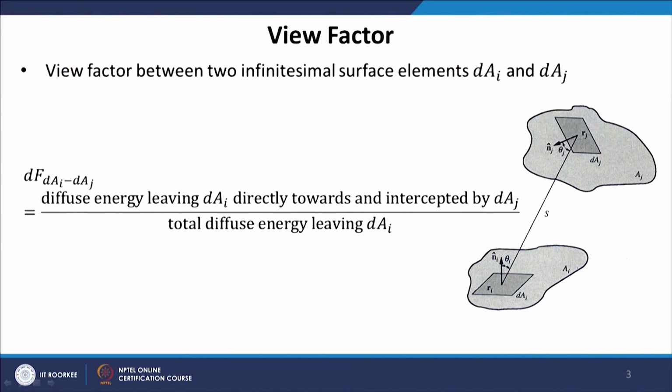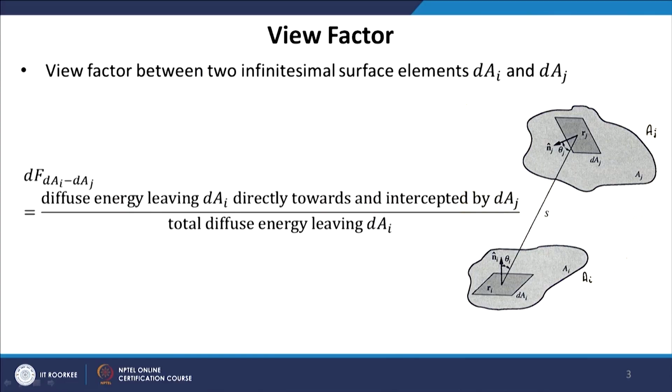So the definition of view factors goes like this: for two surfaces AI and AJ, let us consider infinitesimal areas dAI on surface AI and dAJ on surface AJ. The view factor between these two infinitesimal surfaces is defined as the diffuse energy leaving surface dAI directly towards and intercepted by surface dAJ, divided by the total diffuse energy leaving surface dAI.